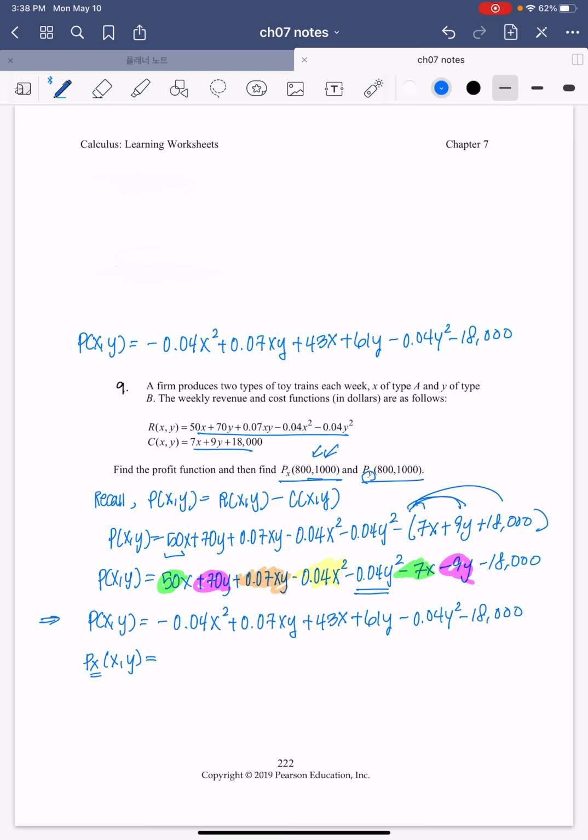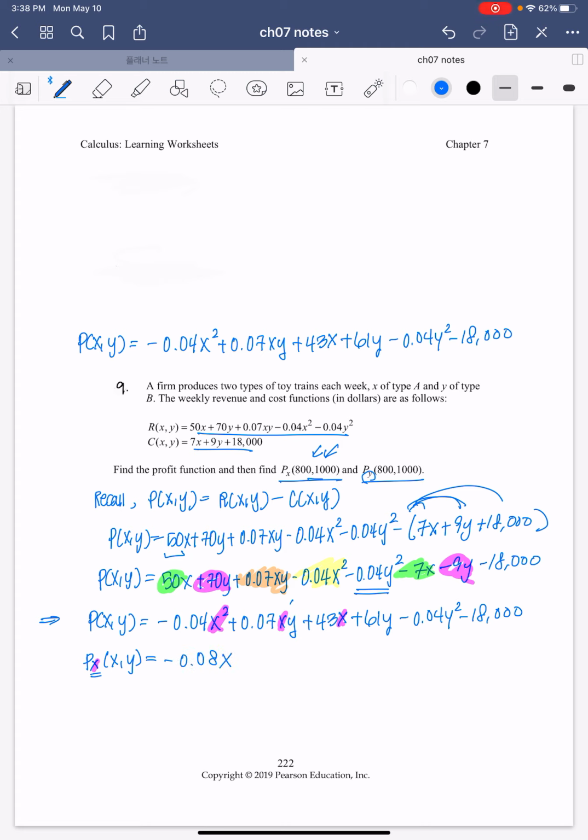So here I have, let's highlight x, and that's it. So the first one, the derivative here will be, bring down, so I'm going to have a negative 0.08x.